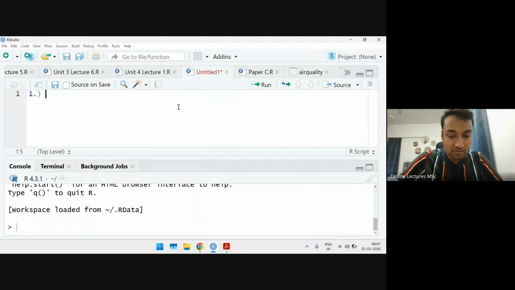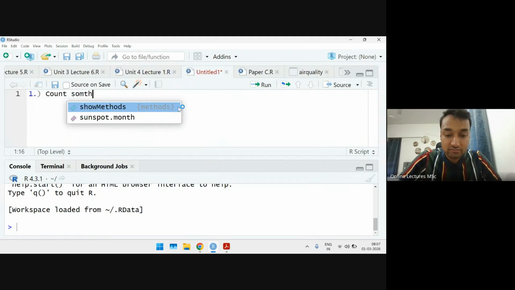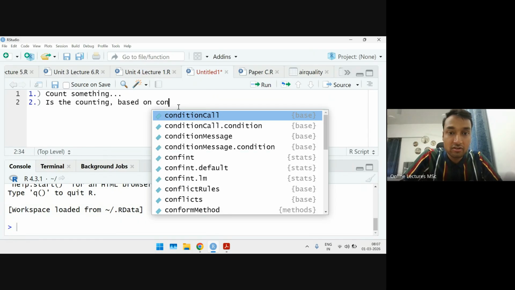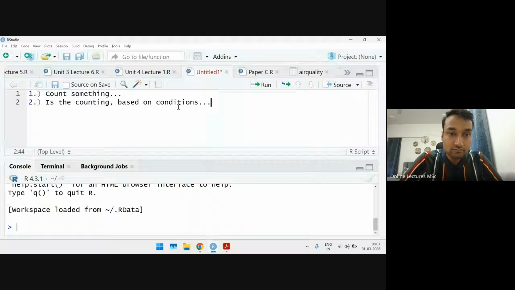The very first is, do you want to count something, and second, is the counting based on conditions. If you have these two pointers, you would technically go for sum or length of something with a condition.